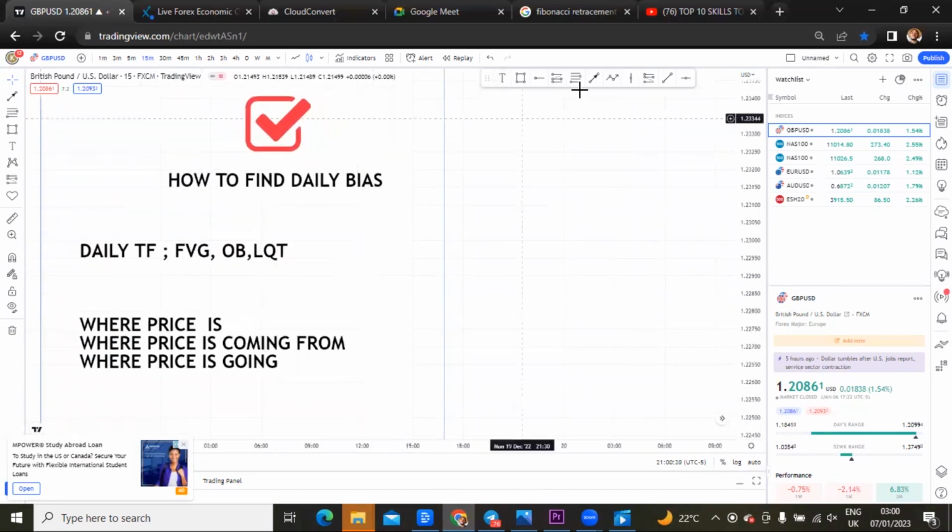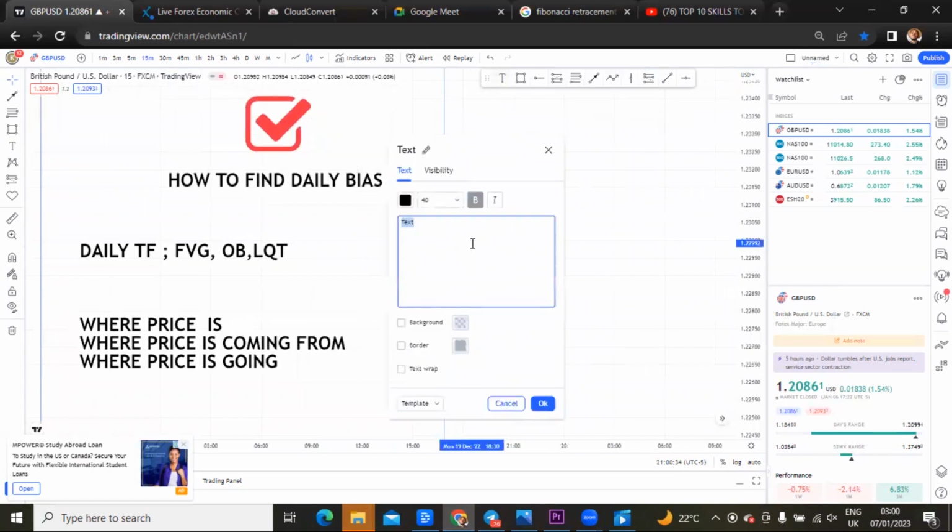Okay. And on the hourly charts, what you have to do is, hope you're taking notes because this is diamond I'm giving on this channel. Hourly charts.